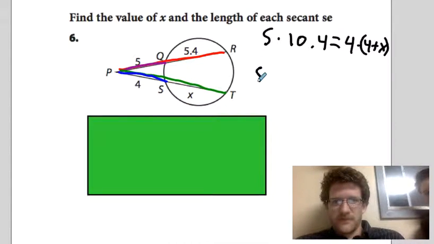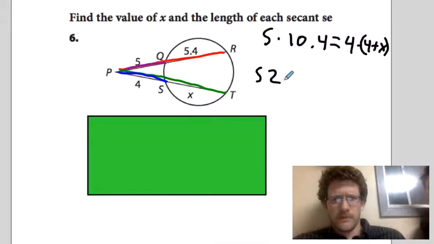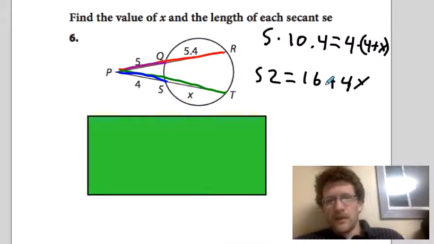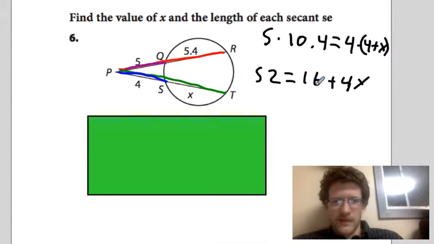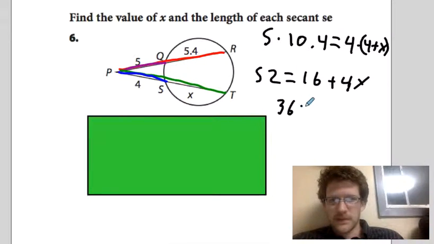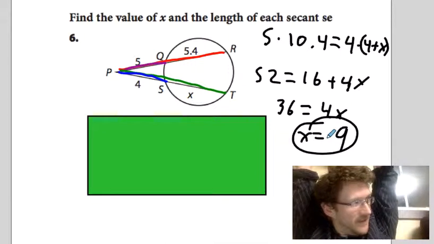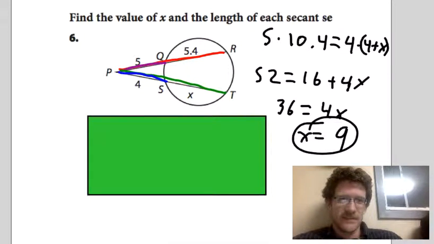That's 52 equals 16 plus 4x. We're algebraic. Then we subtract 16. What's 52 minus 16? 36. Equals 4x. And so x equals 9.